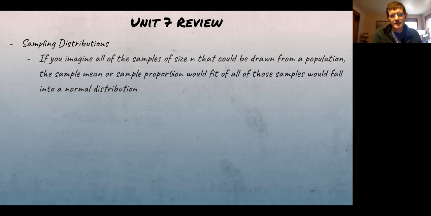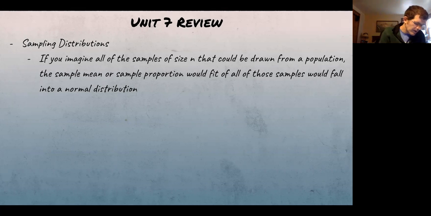Okay, this doesn't read exactly the right way, but if you imagine all of the samples of size n that could be drawn from a population, then they would all center around a mean. And you can ignore the writing, I kind of made a mess of that. You're going to have a bunch of different possible samples of size n, and you'll get a sample mean or proportion from that.